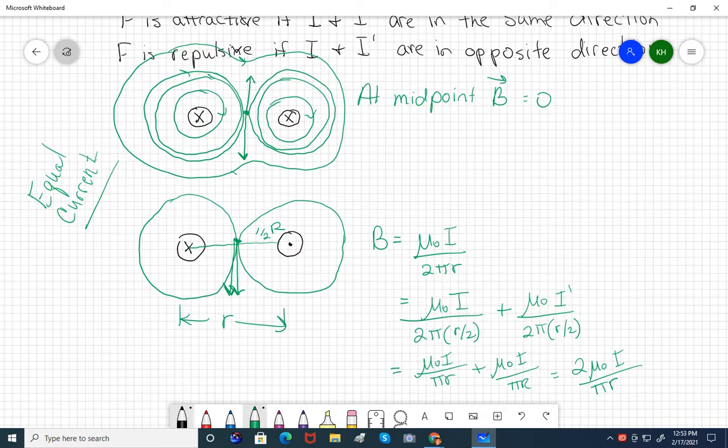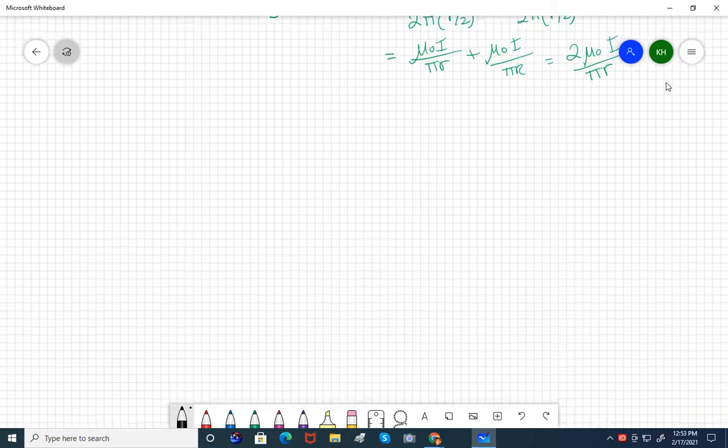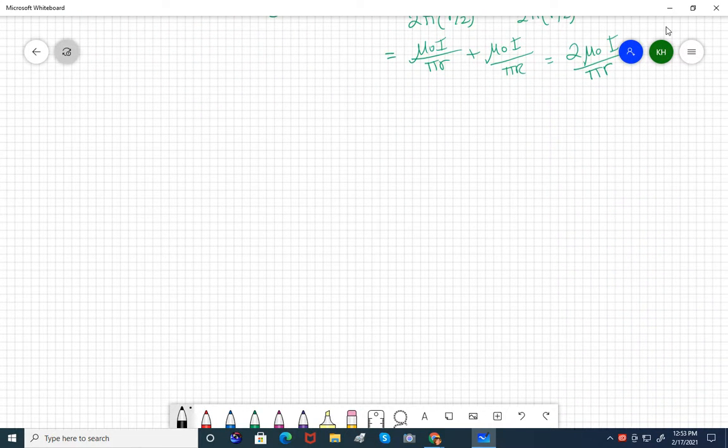The most important of these involve current loops and solenoids. So let's move on to the last section that we're going to cover. There's a couple more in chapter 20, but we're not covering them. Current loops and solenoids.